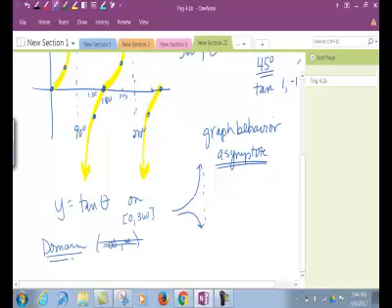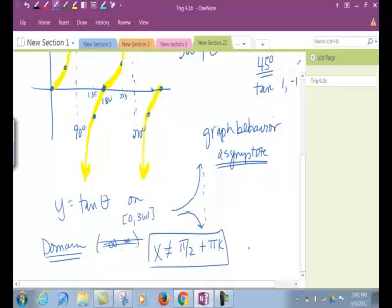So the way we describe this domain is we say x can be anything except pi over 2, and then 3 pi over 2, and then again there'd be another asymptote at 5 pi over 2. You get the idea. And so the way we write this, and you may have seen this before, is we say x not equal to pi over 2 plus pi k, and k is considered an integer.